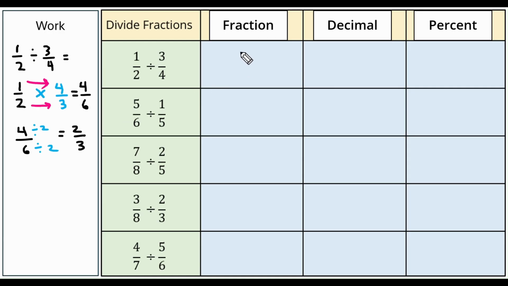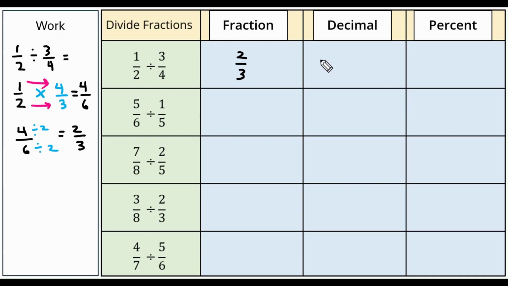So we're going to put that 2/3. Now, that's our fraction, but we also want to come up with our decimal, and we also want to come up with our percent. So let's look at that.